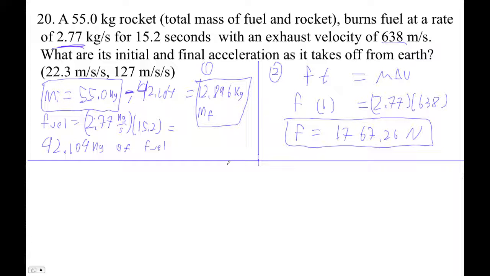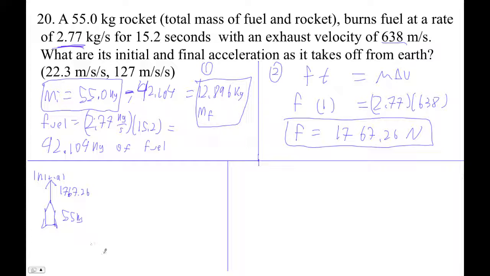Okay, so now we're set. Now we can find the initial and final accelerations of the rocket. Our initial is, we've got a 55 kilogram rocket, right? We have a force upward of 1767.26.